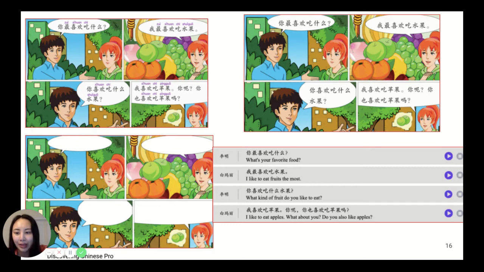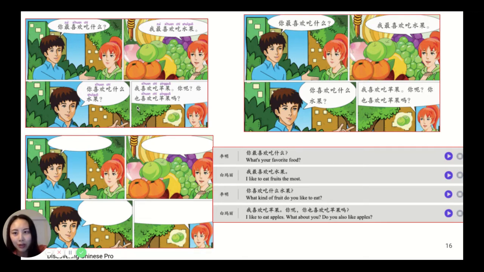This is an example I use in my class. It's from the book Discovering Chinese Pro. So as you can see, when I present the conversation texts to my students, I have different versions at different stages of learning, and also at the same stage of learning, but for different learners at different levels and with different strengths and backgrounds.